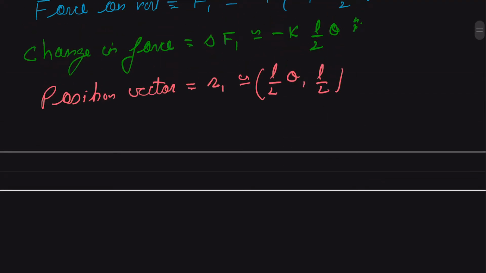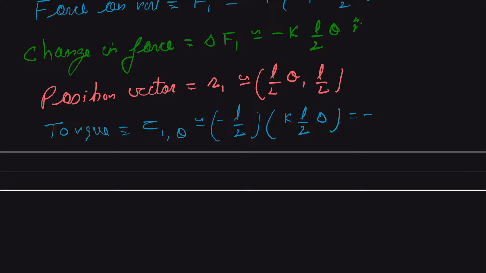We can say our torque tau 1, with respect to theta, will be approximately equal to minus L by 2 and this R with k and x unit vector, so that will be coming as k L by 2 times theta, and we can write this will be equal to minus k L square upon 4 times theta. So this will be our value of torque.